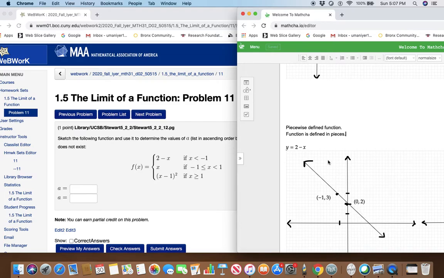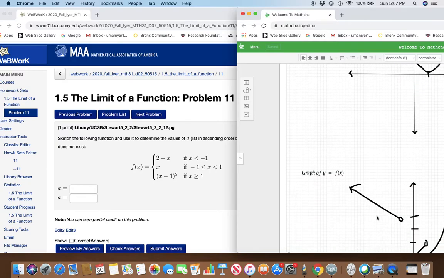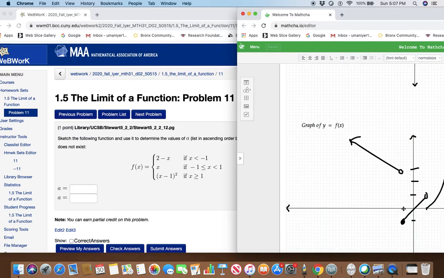So what am I going to do with this entire line? I don't need an entire line. I just need that part when x is less than -1. So when x is less than -1, I am on the left. So to the left of -1, I took that piece of the line and stuck it here.